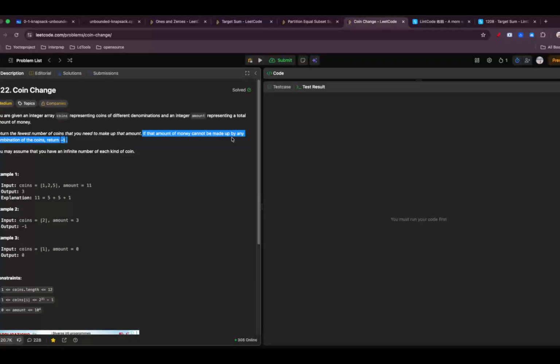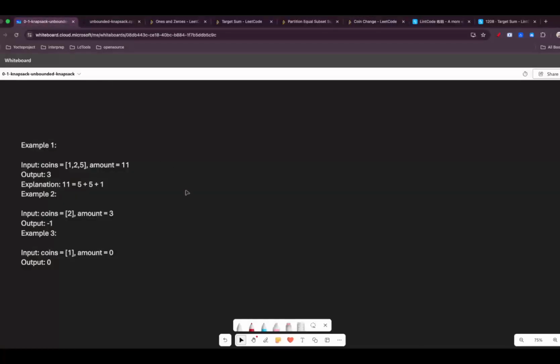Now here it's not the maximum number of products, it's the minimum number of products you can use to make up that value. When it's about the minimum number of products for that knapsack capacity, then in a general sense we think greedily: we'll sort in descending order and choose all the bigger numbers, and that's fine, we can go ahead with that.